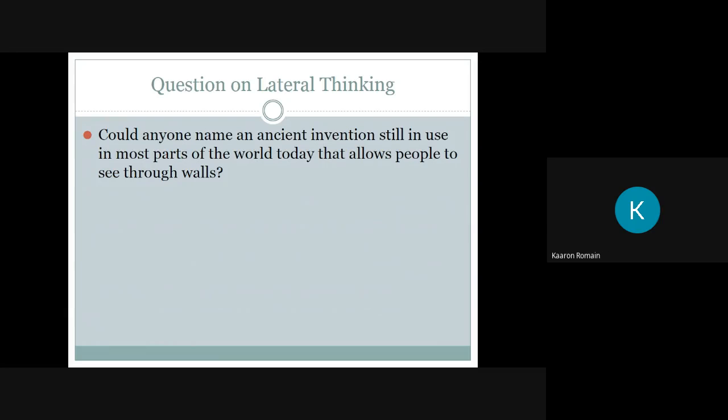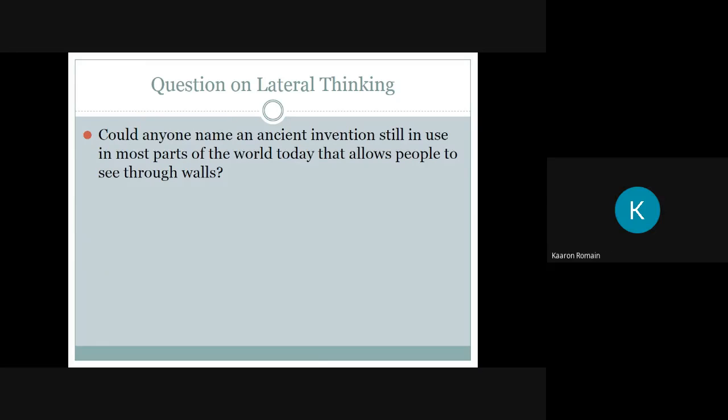And I would like to ask the class a question on lateral thinking. Could anyone name an ancient invention still in use in most parts of the world today that allows people to see through walls? Anyone? Window.